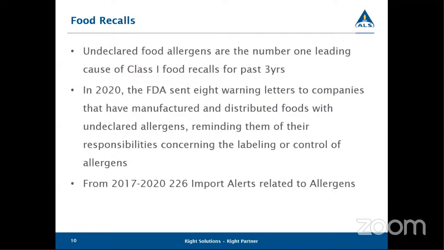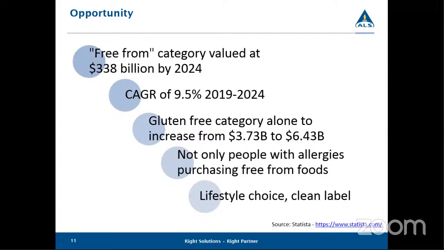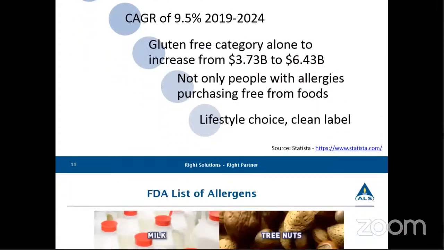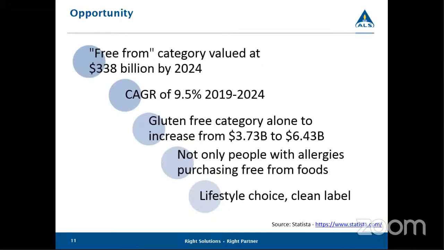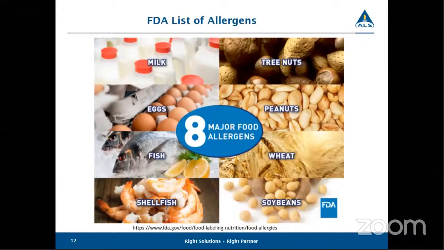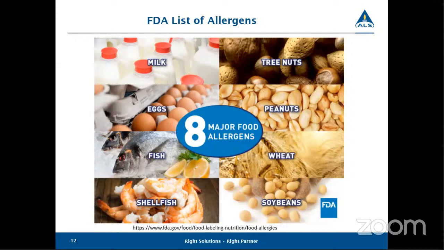That ended up with import alerts. There is a related opportunity to label your product as free from the various different categories of those allergens. And we're seeing an increase in those categories of up to 10%, specifically in the gluten-free category.